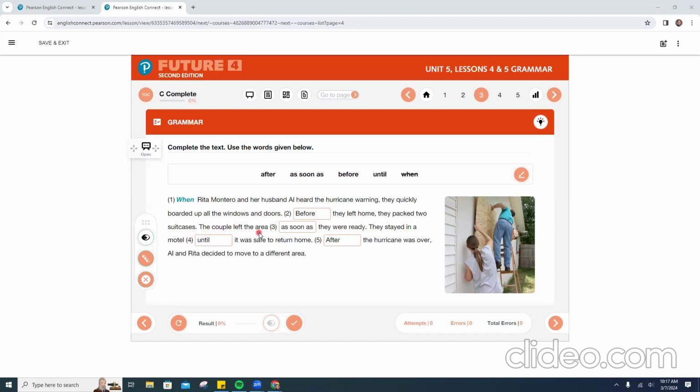The couple left the area as soon as they were ready. They stayed in a motel until it was safe to return home. After the hurricane was over, Al and Rita decided to move to a different area. Okay, so those are the answers to the story.